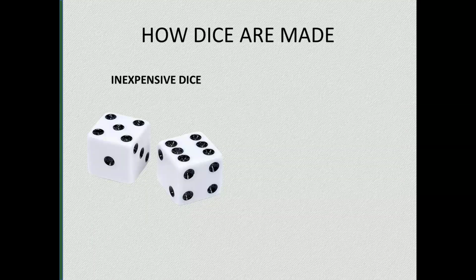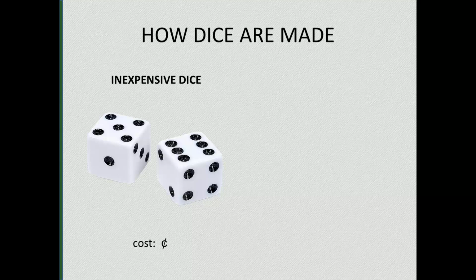If you look at inexpensive dice, the spots, the numbers on the dice are formed. There are indentations in the dice. They're painted of a contrasting color. These are very, very cheap to produce. You can get packages of 100 of them for a few bucks from Amazon.